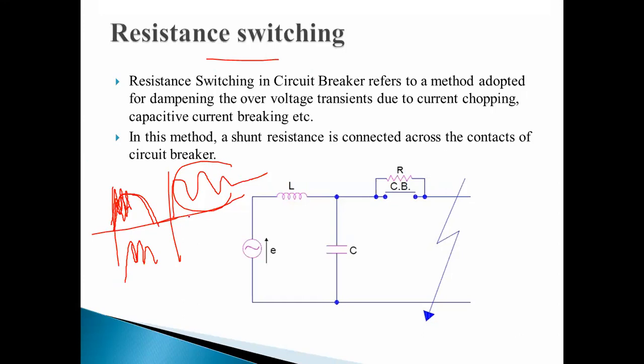So we are using here the resistance switching method. In this method, a shunt resistance is connected across the contacts of the circuit breaker. So here we are connecting one resistance in parallel with the circuit breaker.